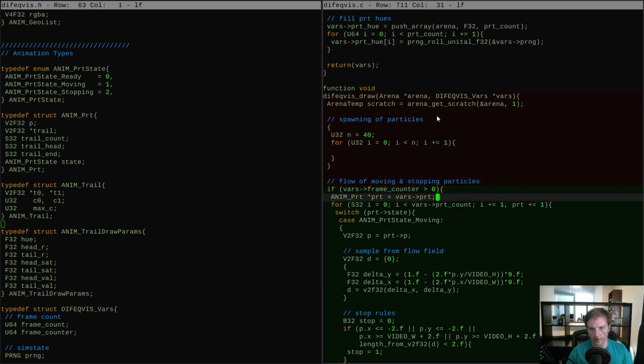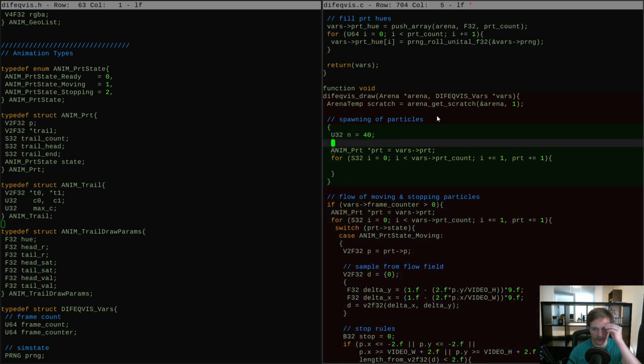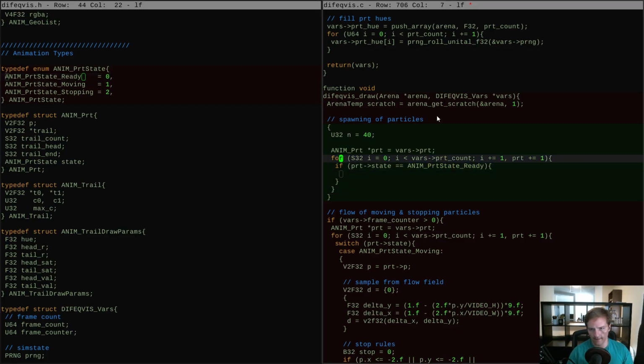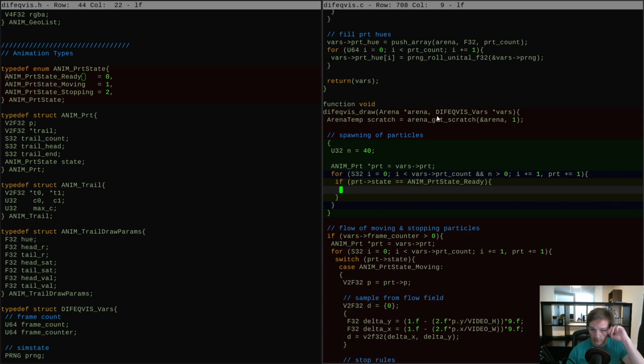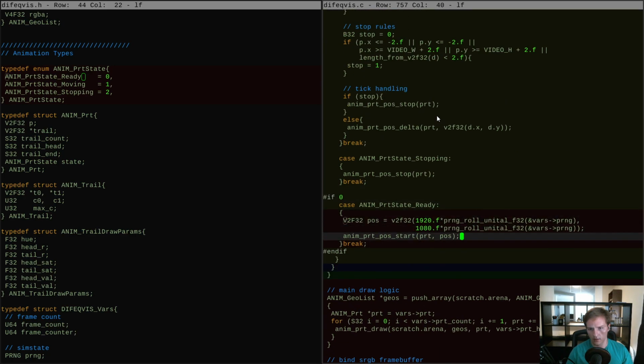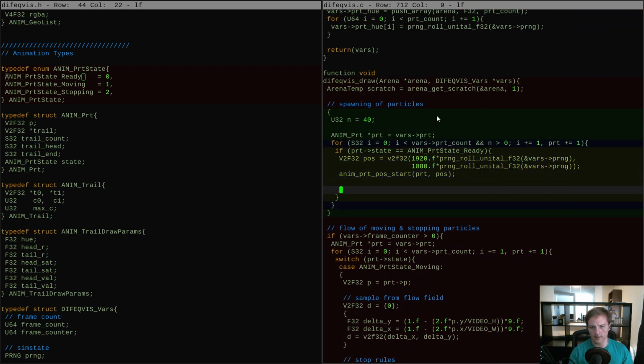I'm going to loop all my particles. And for each particle, if the particle's state is ready, then I'm going to do the spawn logic, and I'm going to decrement N by 1.